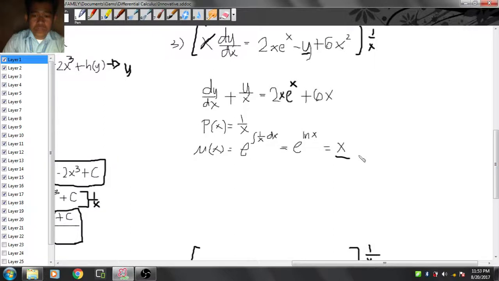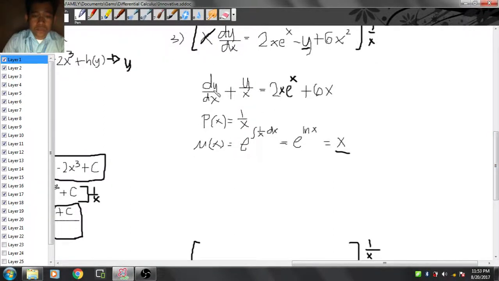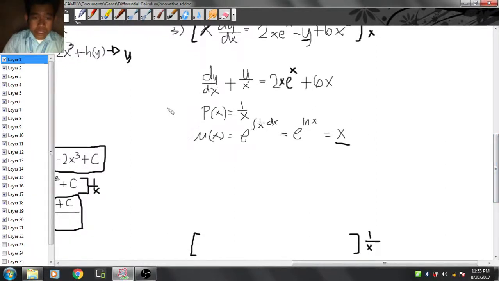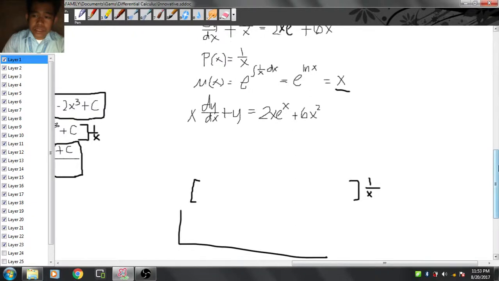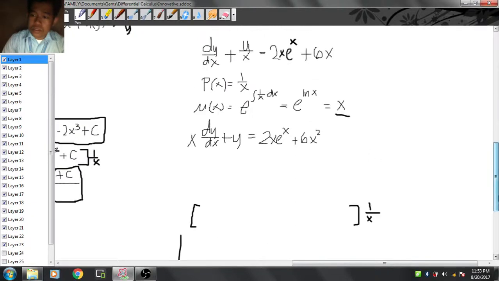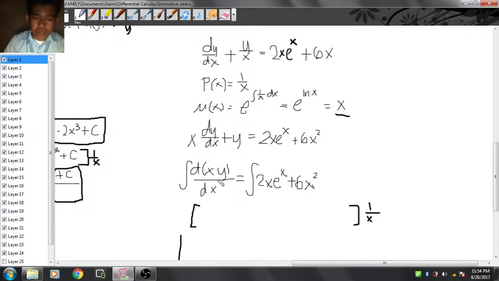After that, we need to multiply the integrating factor to each term of our equation. So that will give us this one. And after that, the left side of the equation will be equal to the differential of the product of the integrating factor and y. That will give us this one.